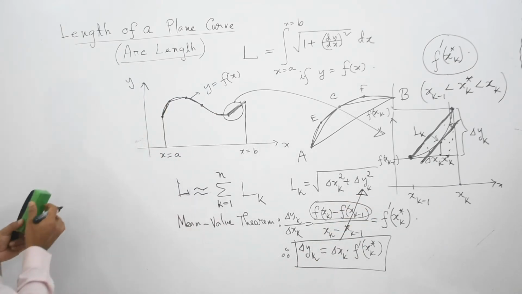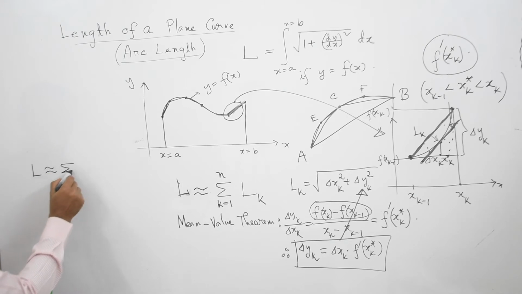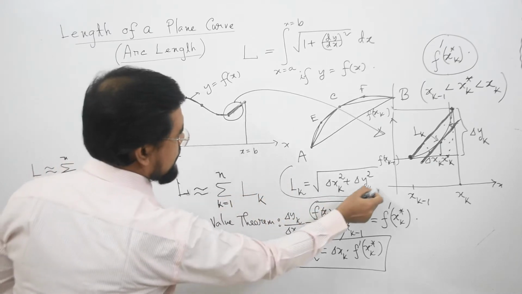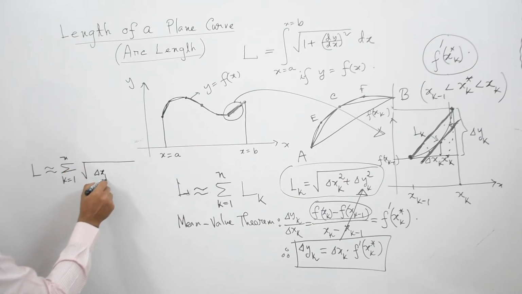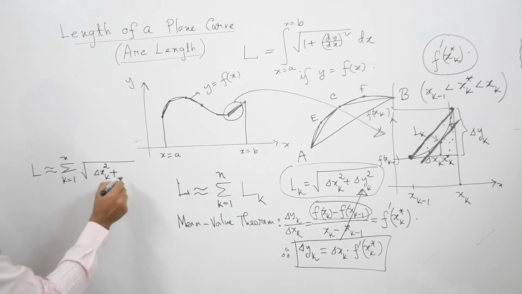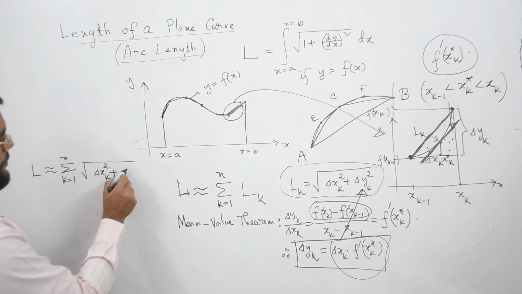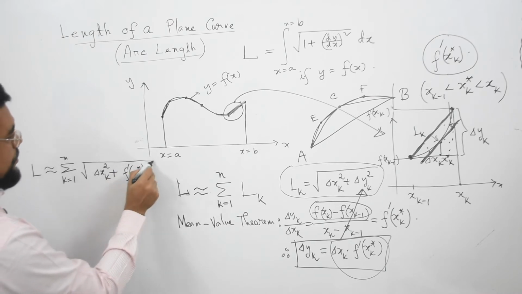So I will get L is approximately the summation from k equal 1 to n of Lk, and Lk means this square root of delta xk square plus delta y square, which is f prime xk star times delta xk, whole square.